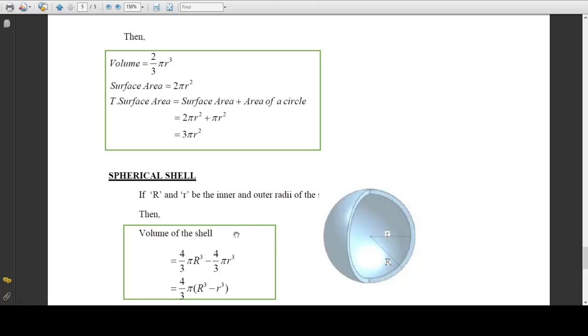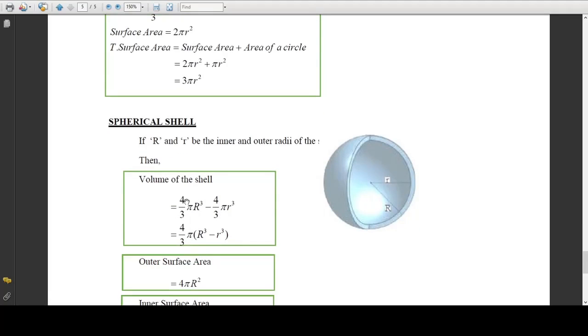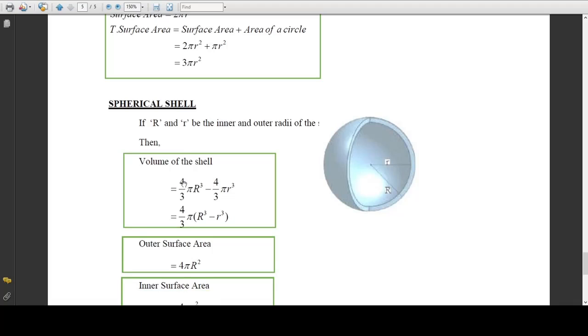Then the volume of the shell will be the volume of the bigger sphere minus the smaller sphere. 4 by 3 pi R cubed minus 4 by 3 pi r cubed. If you take common from here, you have 4 by 3 pi, R cubed minus r cubed within bracket, and this will be the volume of the shell.